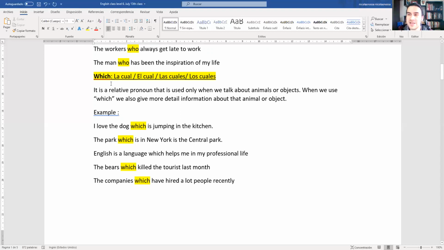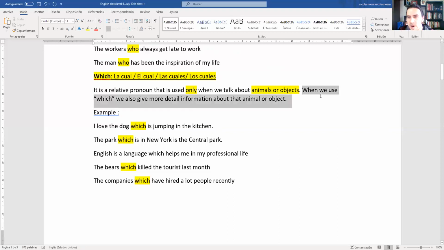But let's check the difference with who, okay? It is a relative pronoun that is used only, one more time, only when we talk about animals or objects, okay? If you talk about animals or objects, you have to use the relative pronoun which to connect the sentences, okay?